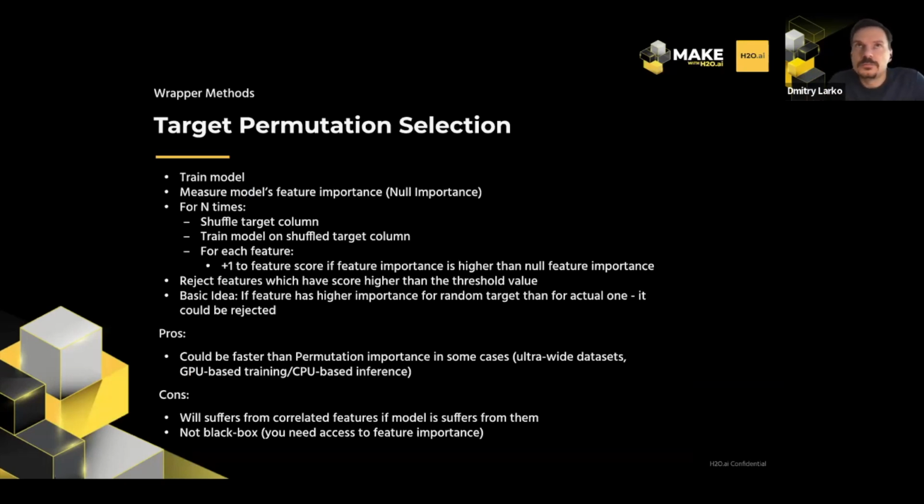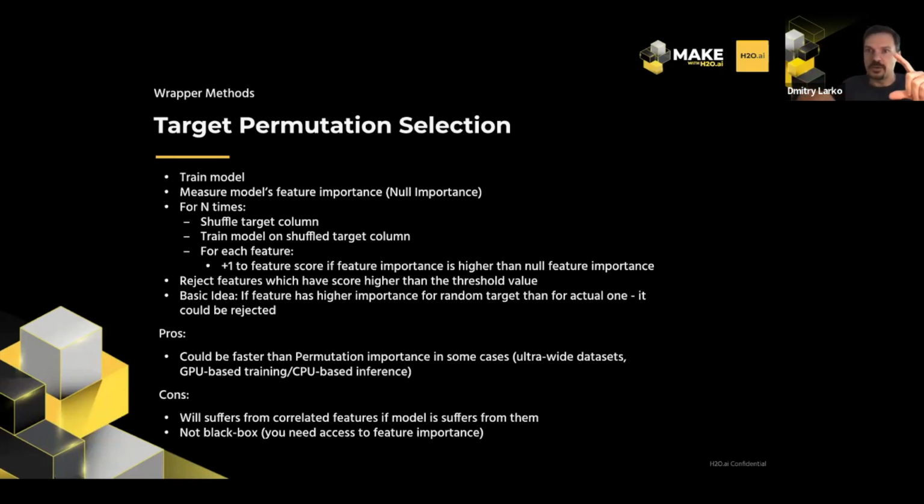The idea is fairly simple. We train the model on the data set, given the data set and the target, and we measure the feature importance. That's going to be our original importance. After that, we shuffle the target only, and we fit the model on this shuffled target, basically a random target.